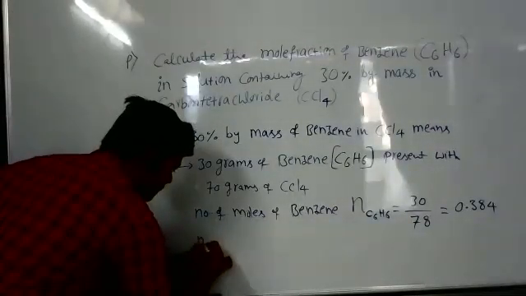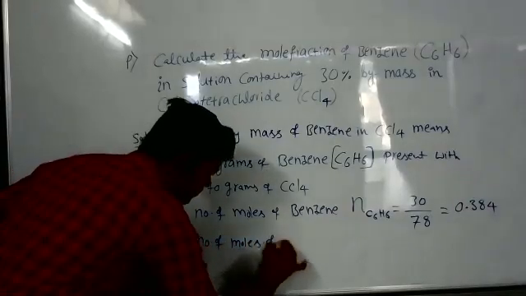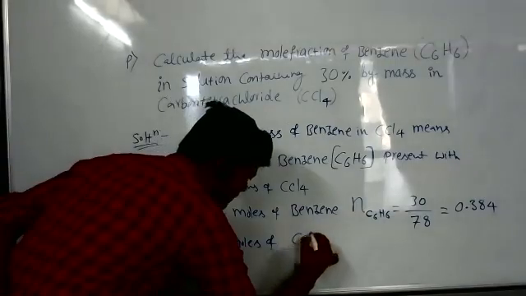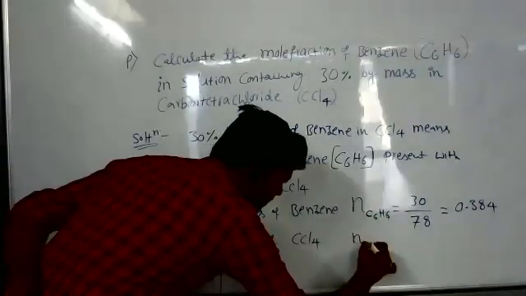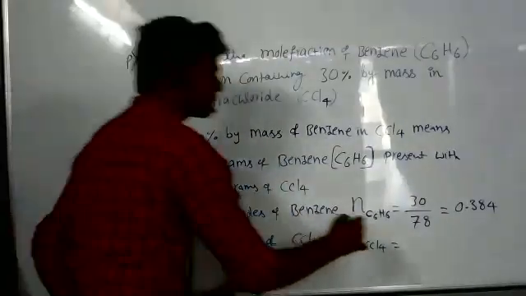Next, number of moles of carbon tetrachloride, CCl4. So n CCl4 equal to mass is 70 grams.